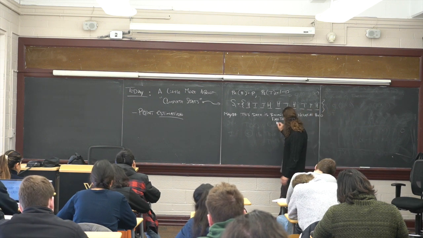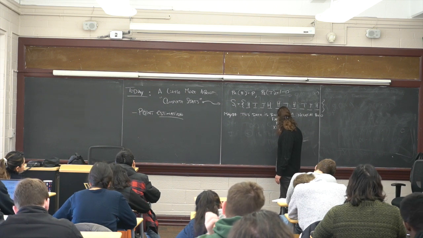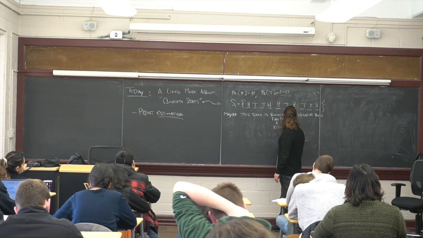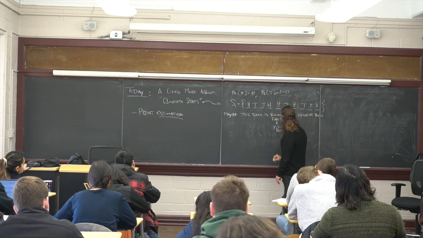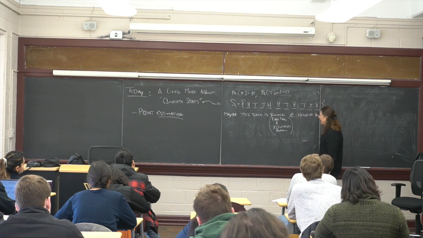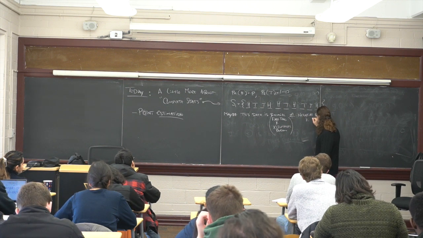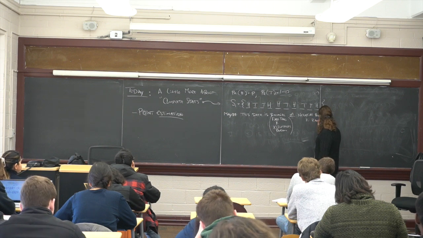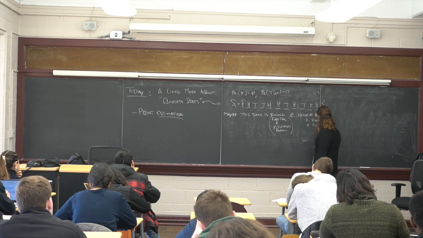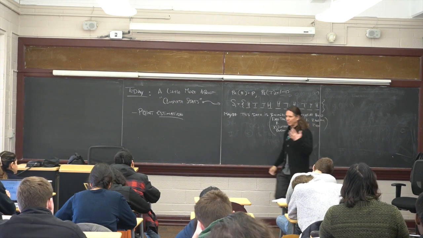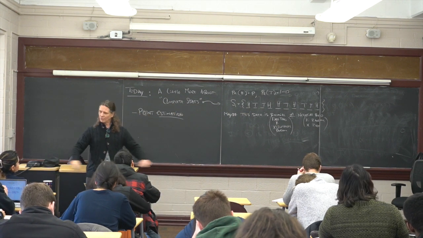So fixed trials, and X, the number of successes, is random. Or negative binomial, where K, the number of trials, is random, and X is fixed. So different stopping criteria.